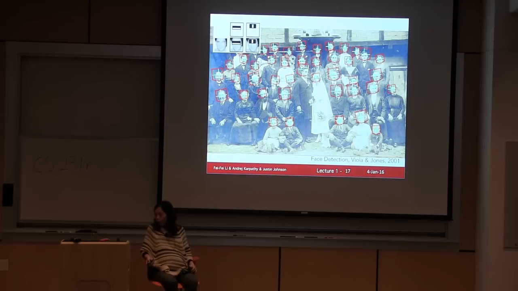This work is called the Viola-Jones face detector, and it's very dear to my heart because as a fresh graduate student at Caltech, it's one of the first papers I read when I entered the lab and I didn't know anything, and my advisor said, read this amazing piece of work that we're all trying to understand. And then by the time I graduated from Caltech, this very work was transferred to the first smart digital camera by Fujifilm in 2006, as the first digital camera that has a face detector.